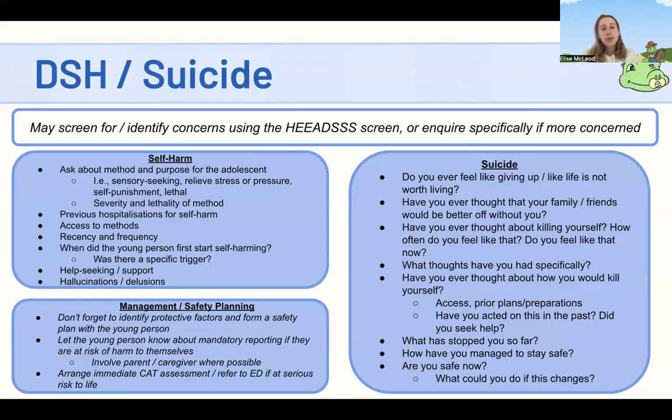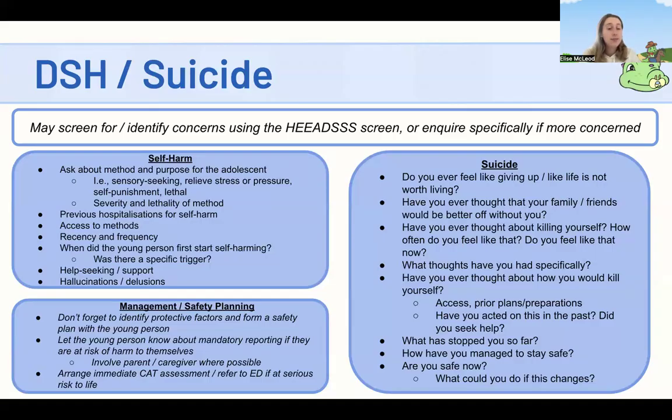Management for these young people involves, first of all, identifying protective factors to help form a safety plan with this young person, and tying them into these social supports and protective factors that they identify. Making sure that the young person is adequately informed about mandatory reporting if they're at risk of harm to themselves or others.